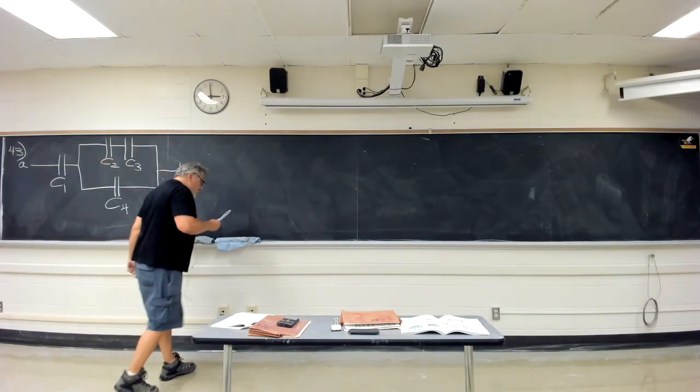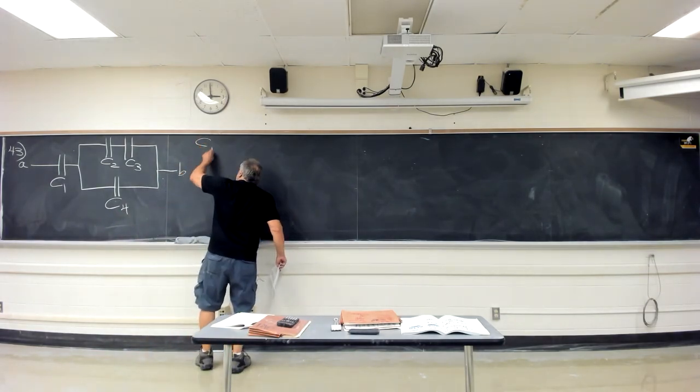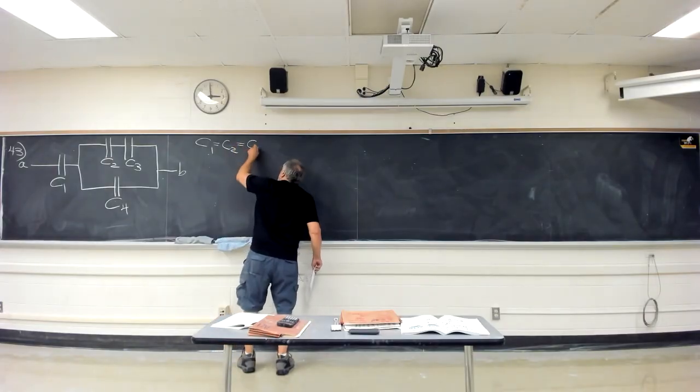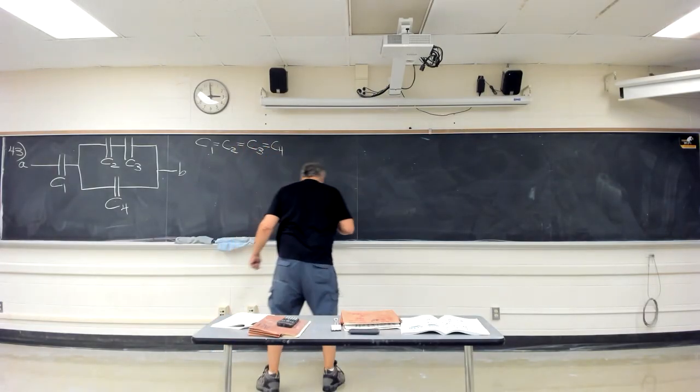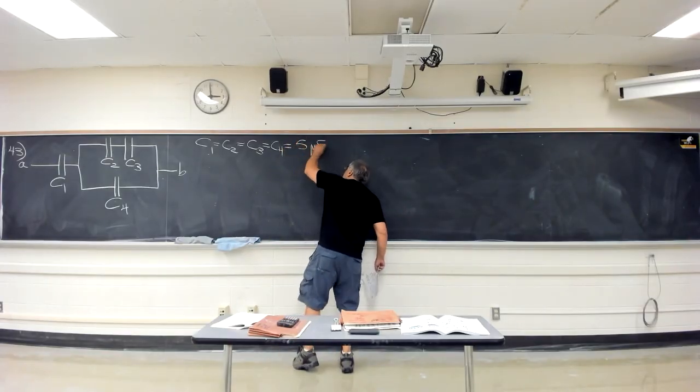All capacitors are 5 microfarads. So C1 equals C2 equals C3 equals C4 equals 5 microfarads.